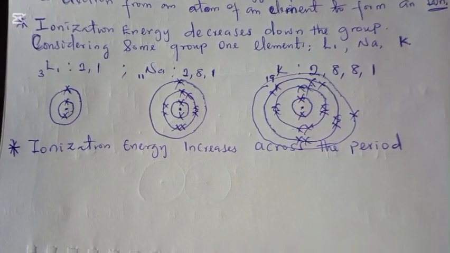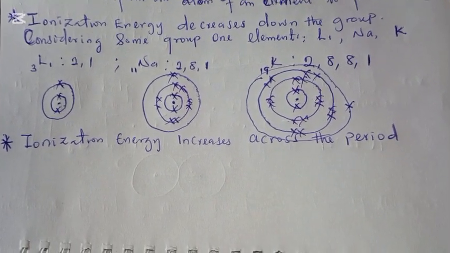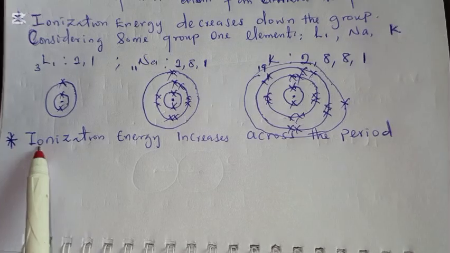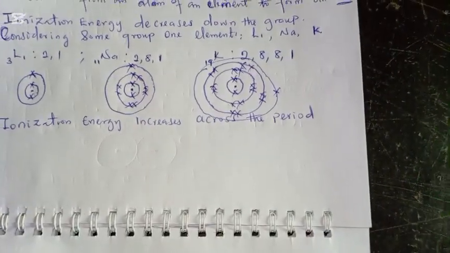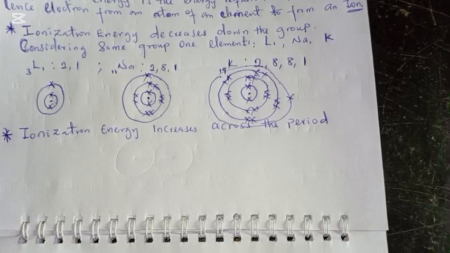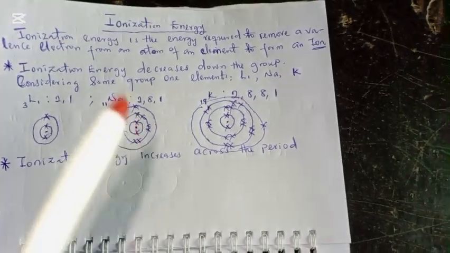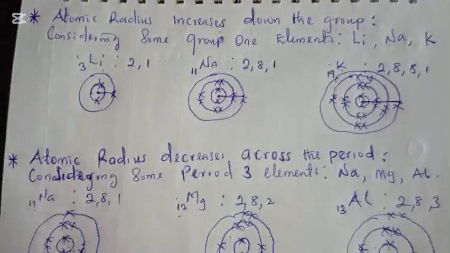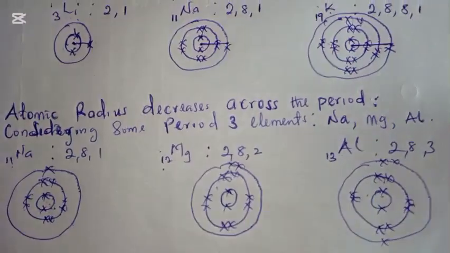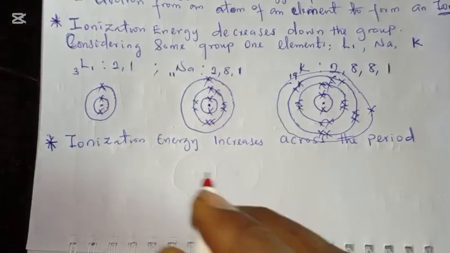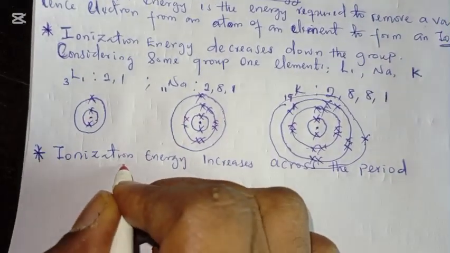But then, what about across the period? Ionization energy increases across the period. Now, for you to understand why that is so, let us consider the elements we considered earlier. That is the elements in period 3: sodium, magnesium, and aluminium.